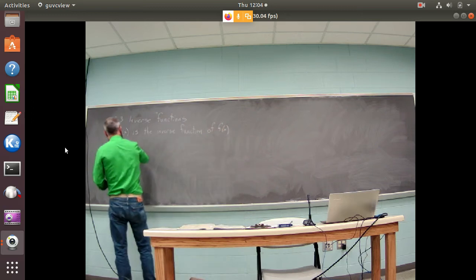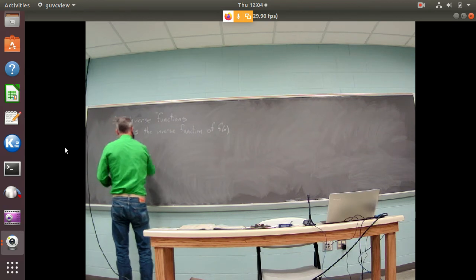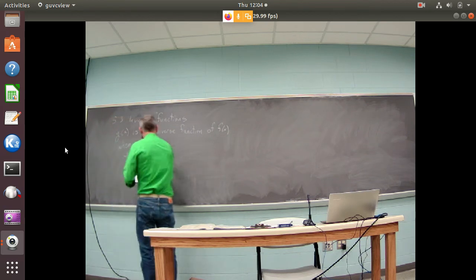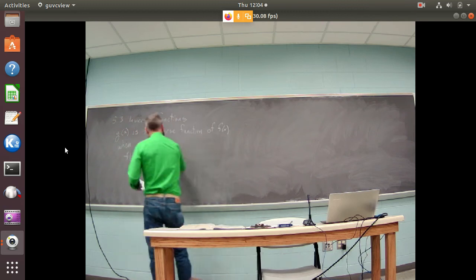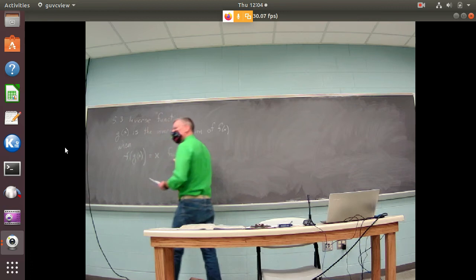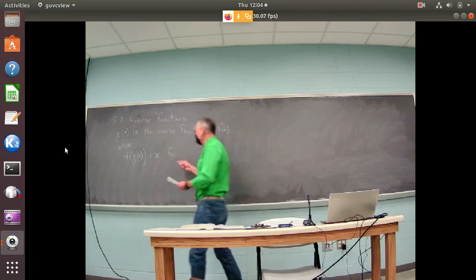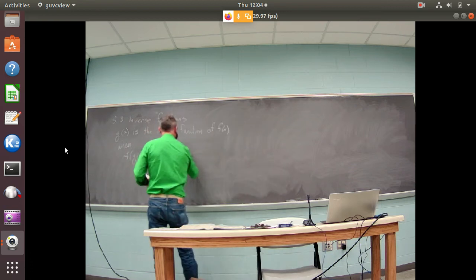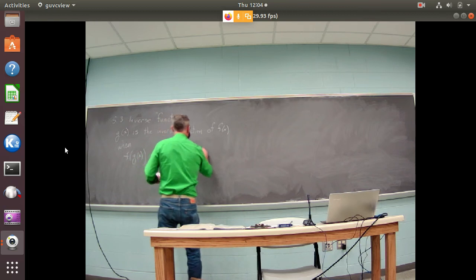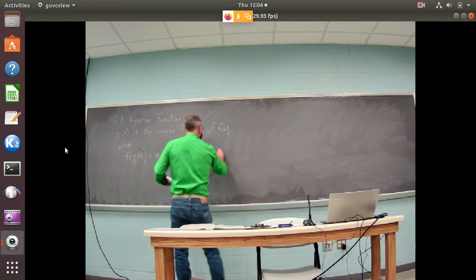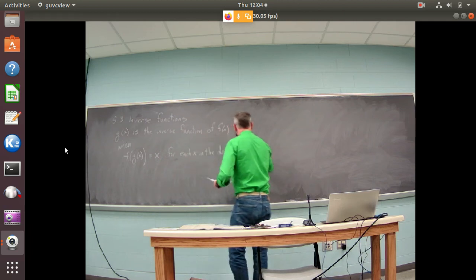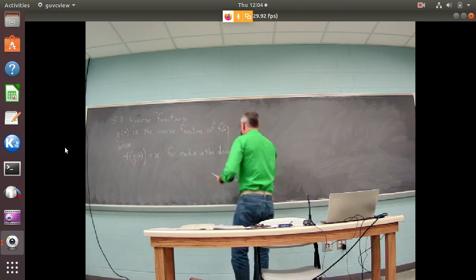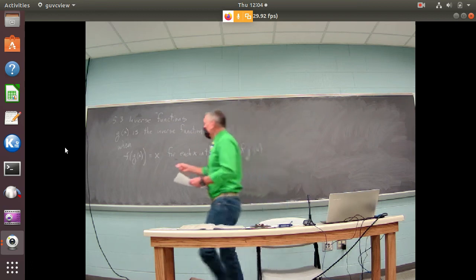when f of g of x, so there's the composition part, just gives you x back for, and this is important in this definition, for each x in the domain of g, the inside function.